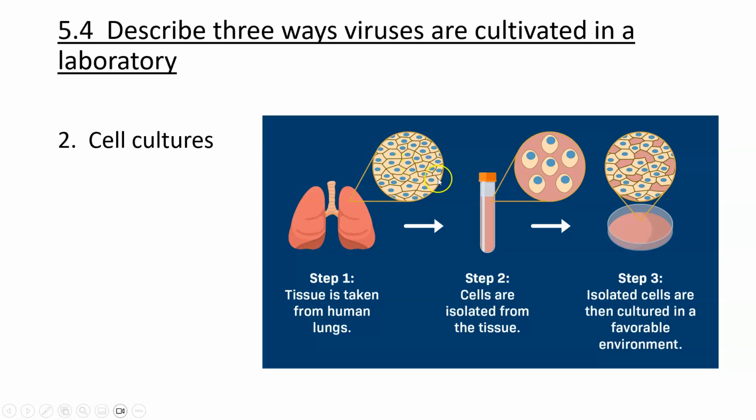Then there's all sorts of lab techniques where you take those cells, clean them, separate them, and get rid of any other tissues that are there, and you just have these cells. Then we put them in a petri dish or a flat dish with some kind of medium, some kind of food, and we just grow the cells. So now we've got lung cells, and we can infect these lung cells with the virus to study a human virus that infects lungs. We call this a cell culture.